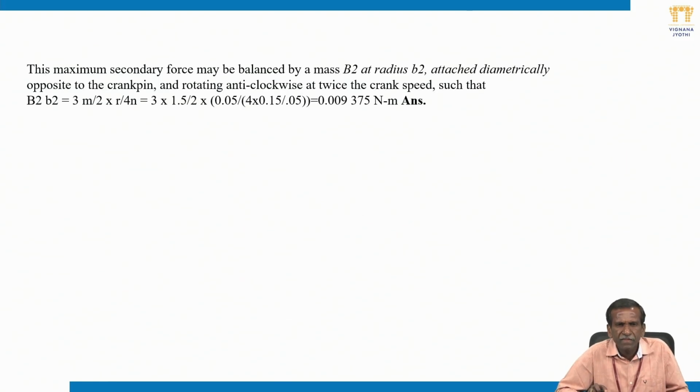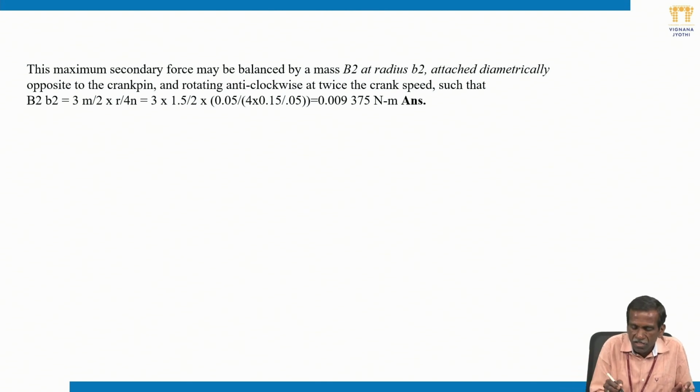Then this maximum secondary force may be balanced by, let us say we have a mass B2 at radius B2, attached diametrically opposite. How much mass are we attaching? We know that m by 2 only is attached, but here it is the product of mass attached into radius, because the radius you can change.